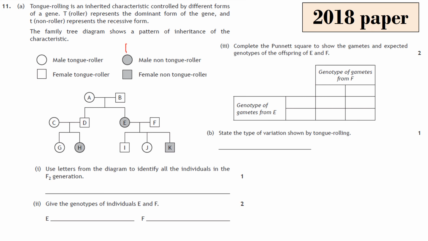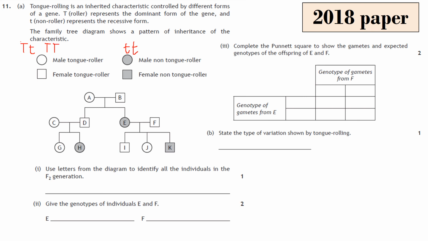So this here is going to be small t, which means that this one, if it's a tongue roller, is dominant.